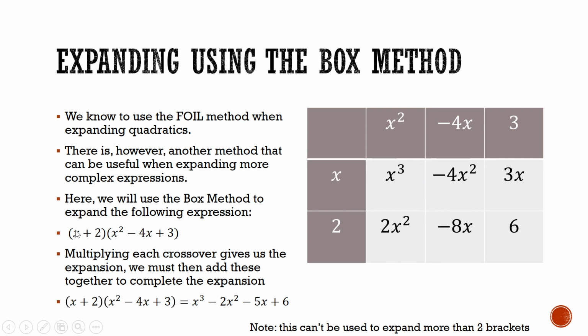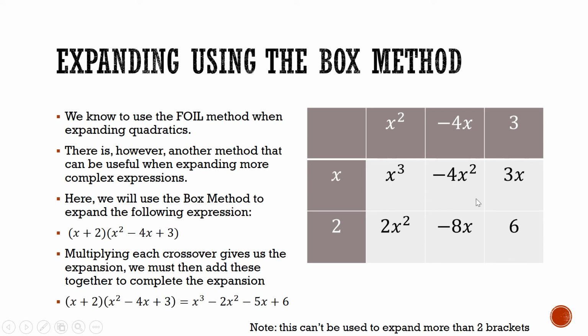So we've got x plus 2, so we write x, 2 here, and then x squared, minus 4x, plus 3. And then we just multiply them here. X times x squared is x cubed, x squared times 2 is 2x squared, and etc, etc. And then once we have done that, all we need to do is just add all of these terms together. So these are the resulting terms from expanding in here.